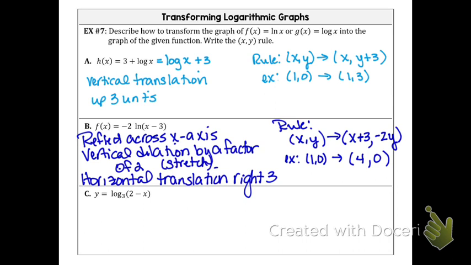And then C says y is equal to log base 3 of 2 minus x. This is the same thing as saying log base 3 of negative x plus 2, which is the same thing as saying log base 3 of parenthesis negative parenthesis x minus 2.